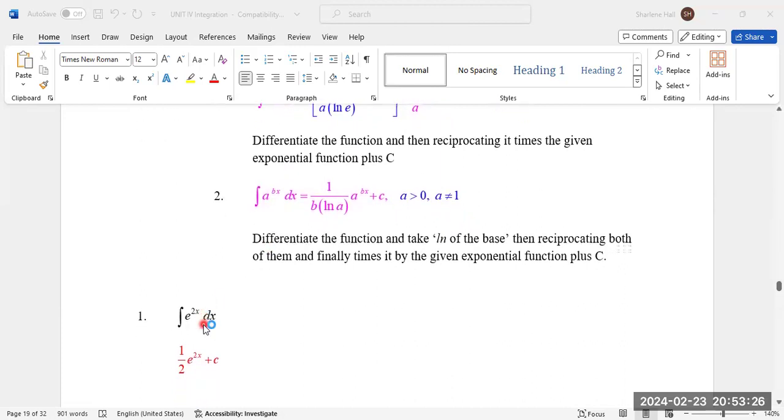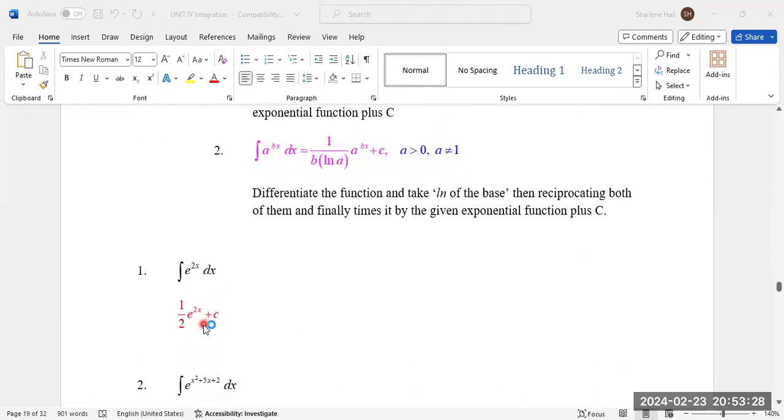Now, the other example I have here is going to be something like this one. Remember, when you are given the exponential function with base e, you can leave out the ln e because ln e is equal to 1.